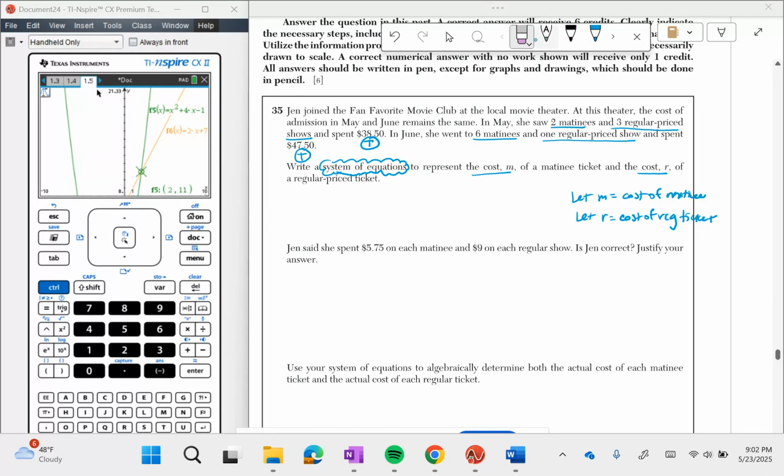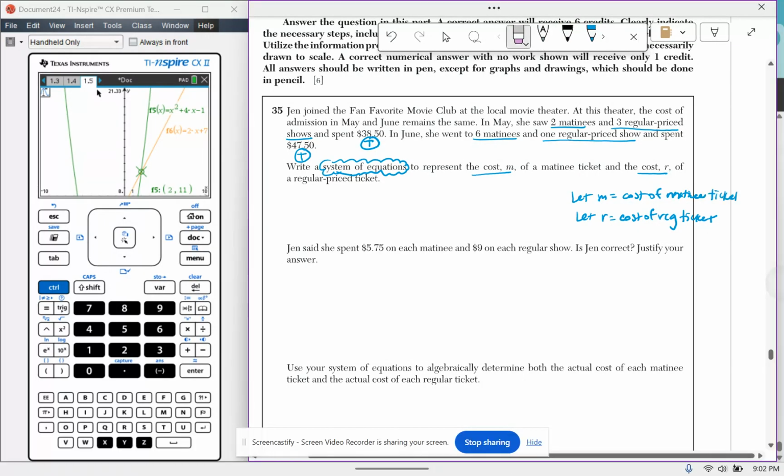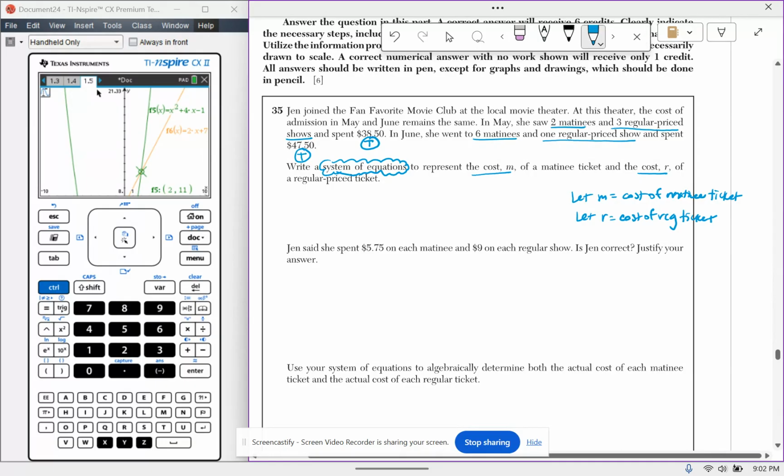I just tried to abbreviate it by writing ticks, but it looks like you can't even read it. Okay, so remember, the last sentence in these problems always tells you what the variables should be, and it also tells you how many equations you have to write, okay?